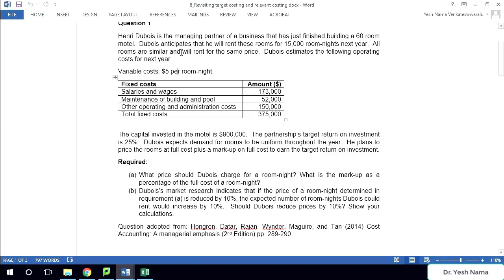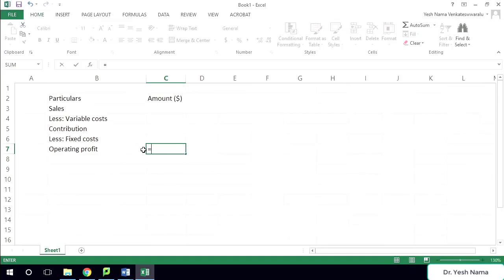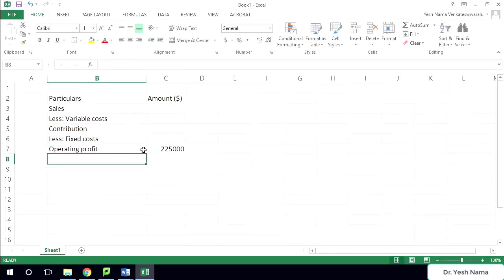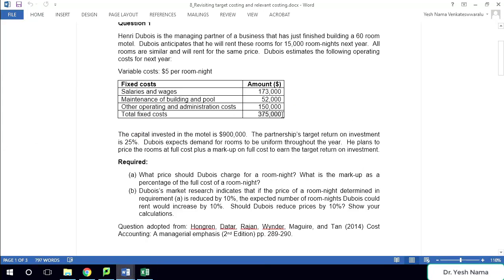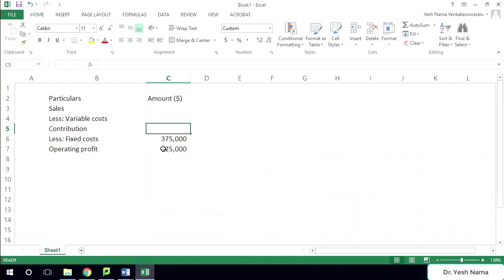We said investment was 900,000 times 25% return on investment gives us $225,000 operating profit. Fixed costs are given to us, $375,000. If our operating profit is $225,000 and fixed costs are $375,000, how much is our contribution?